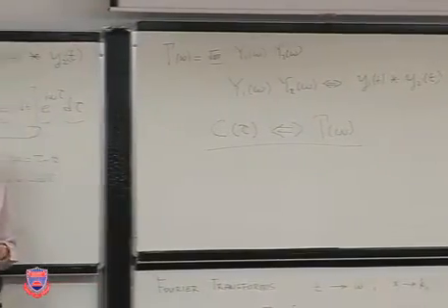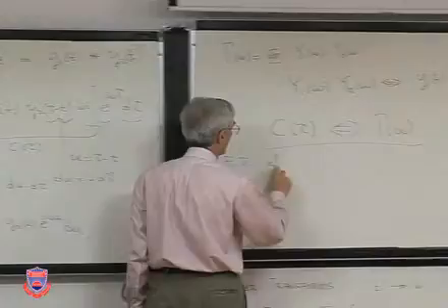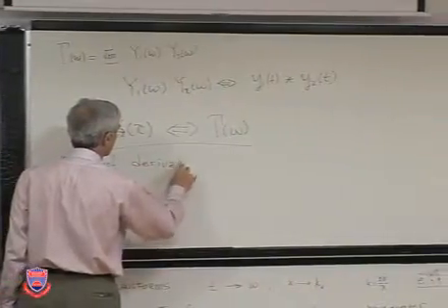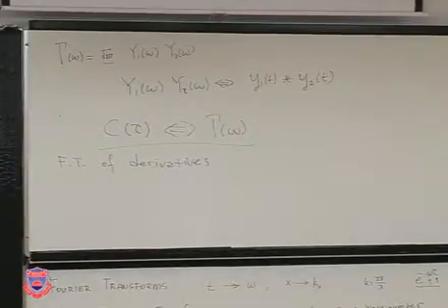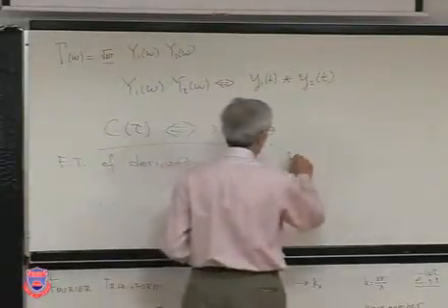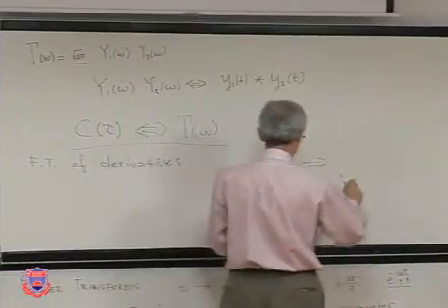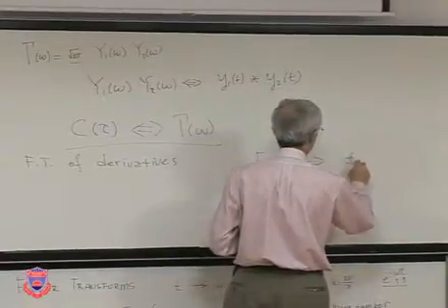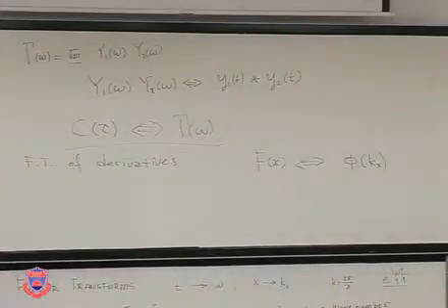One other thing that I'd like to mention is the Fourier transform of derivatives. I'll describe why that's important. If, for example, a function's Fourier transform is something called phi of k x, or yes, doesn't matter, but they both start with f.